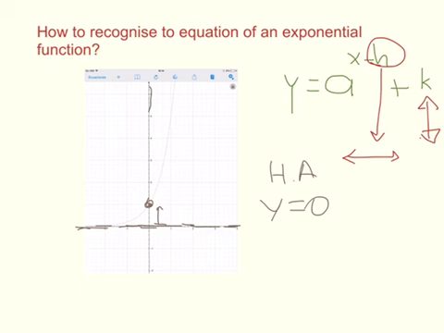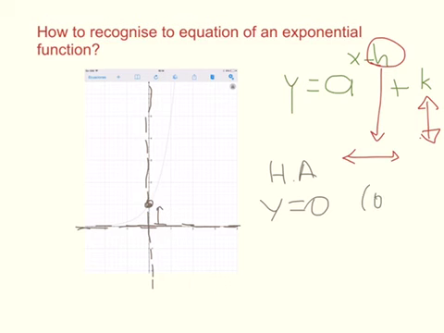That means that there is no horizontal movement either. So we have a function which is not moved, neither vertically nor horizontally. And what is the value of y when x is 0?